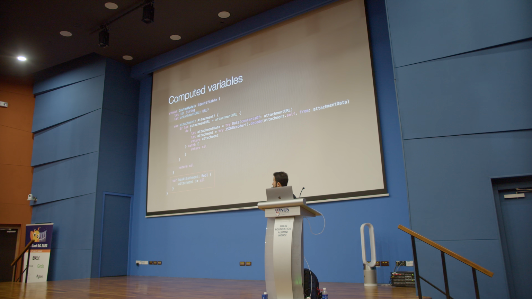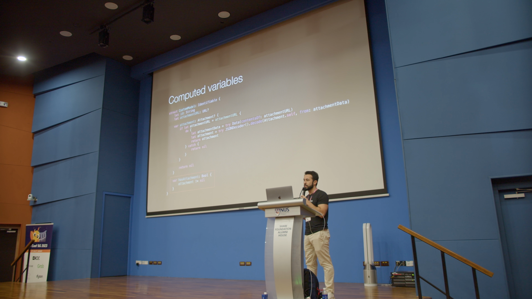But if you check how the attachment is loaded, you will see that it's also a computed variable. It always loads the contents of the attachment, then tries to decode it, and this is called many times on each redraw. You can imagine how slow it is and how wasteful the work done here is.